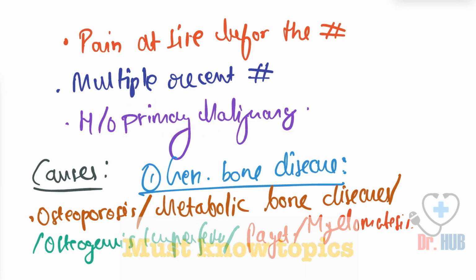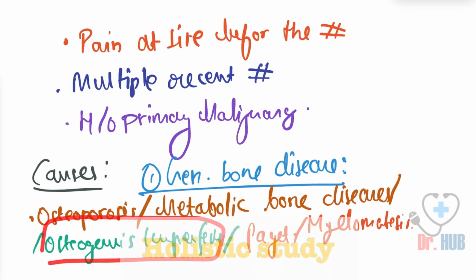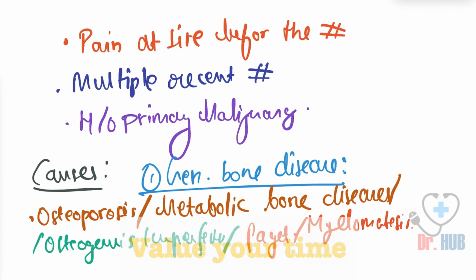Now when we go about the causes, there are various headings. The first is generalized bone disease, which includes osteoporosis, metabolic bone diseases, osteogenesis imperfecta, Paget's disease, as well as myelomatosis.